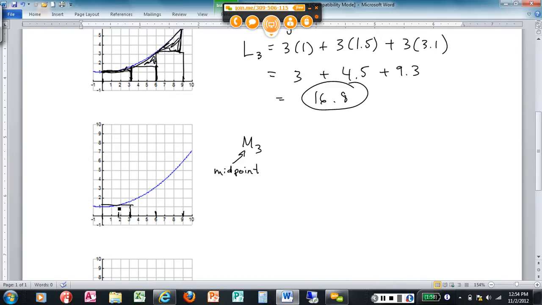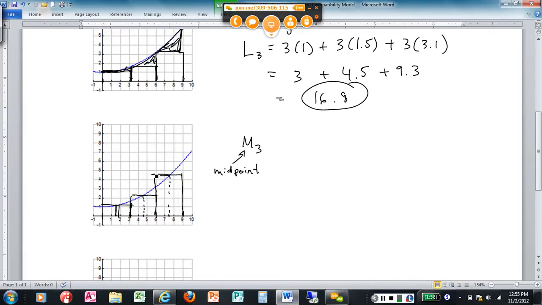It looks a little bit off from where it was supposed to be. The next one is at 4.5, because just add 3 to that 1.5. So if I come up at 4.5, it gets me somewhere around there. So my height of my rectangle is that. And then what would be the next one? 7.5. So come up in the middle, 7.5.